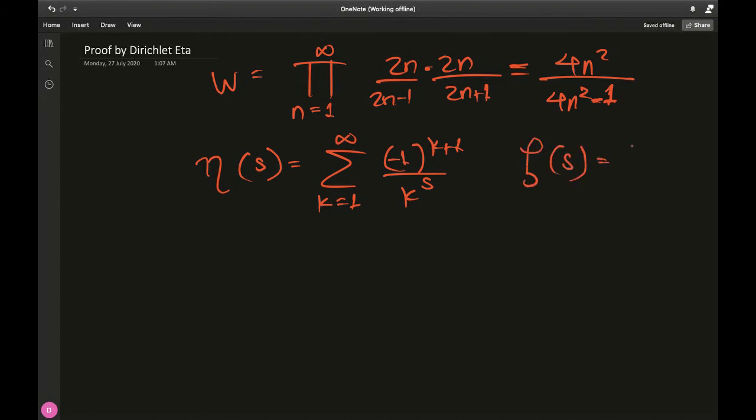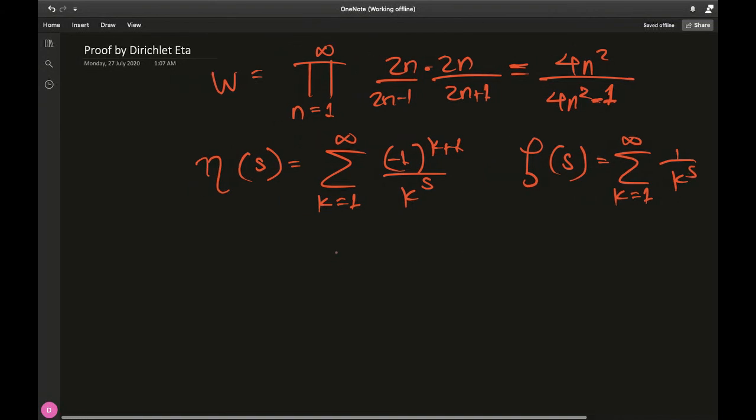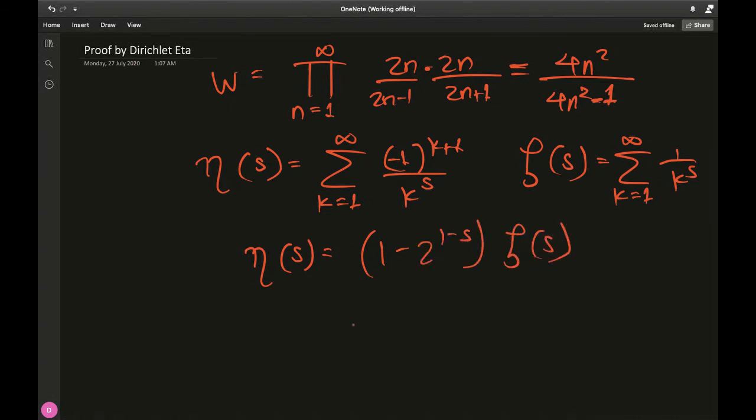The Riemann zeta function is the non-alternating part of the Dirichlet Eta, so that's just 1 over k to the s. It turns out the Dirichlet Eta of s, and you can prove this by factorizing a 2 from each of the terms, is 1 minus 2 to the 1 minus s times the Riemann zeta of s.